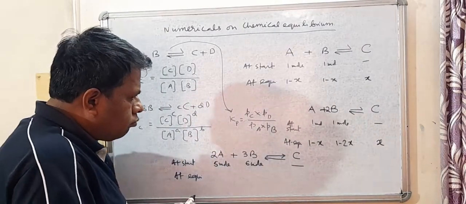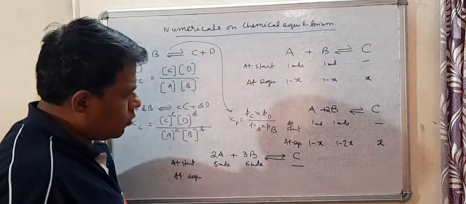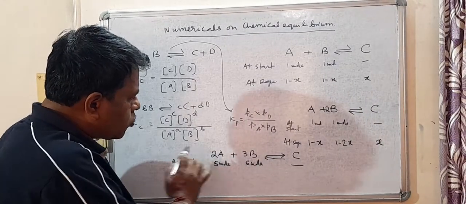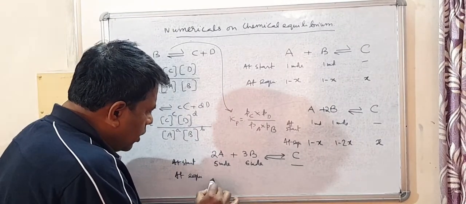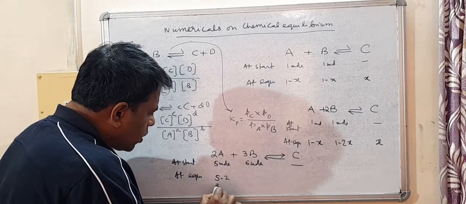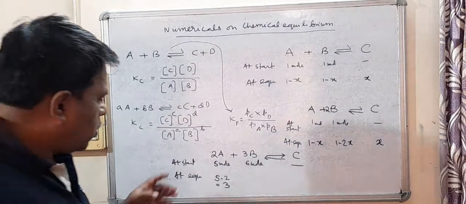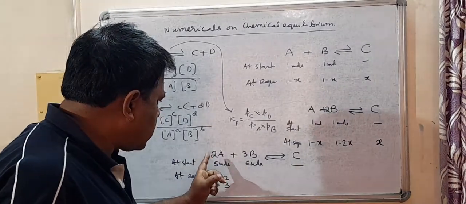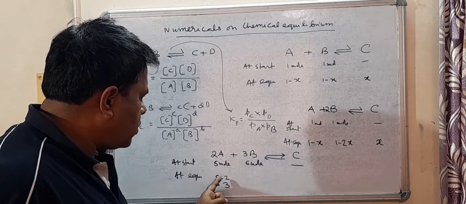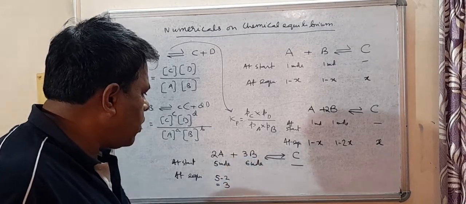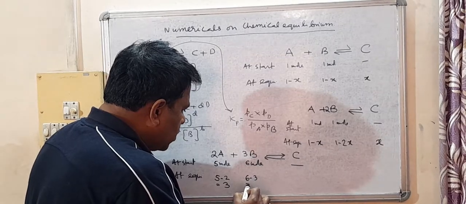what will be the amounts of all these things left, that we have to find. Suppose 2 moles of A has reacted. So A left will be 5 minus 2, that is 3. 3 moles of A will be left. Now, if 2 moles of A has reacted, then how many moles of B will react? 3 moles of B will react. So moles of B left will be 6 minus 3, that is 3.